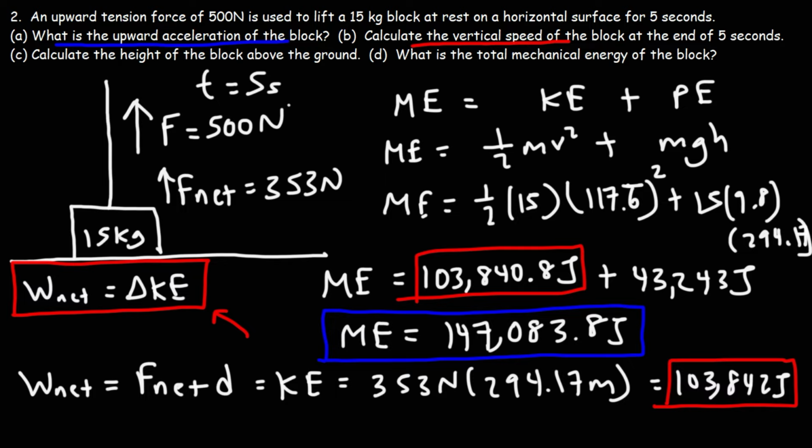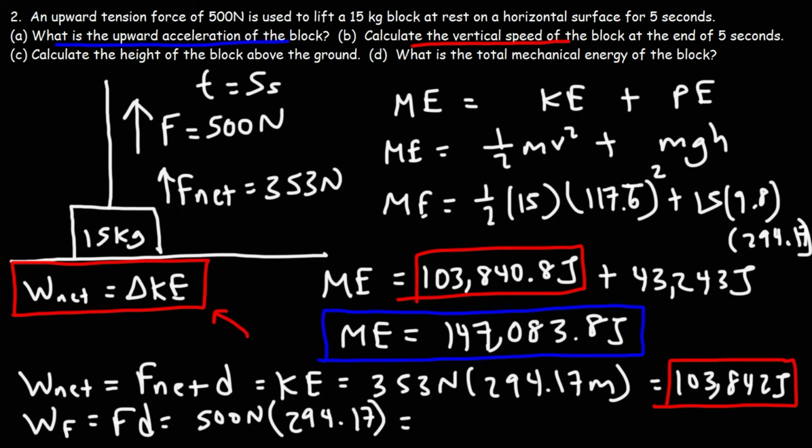Now, what about the work done by the upward applied force? What will that give us? So if we take the force of 500 newtons and multiply by the vertical displacement of 294.17, notice that it gives us the change in the mechanical energy of the object.